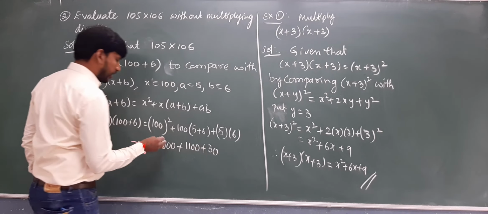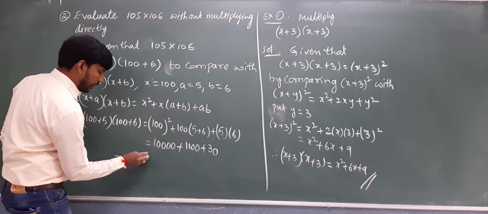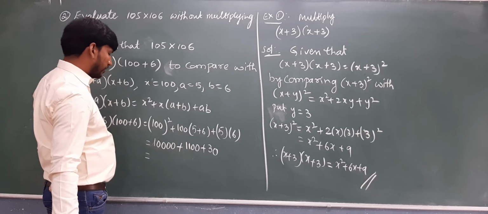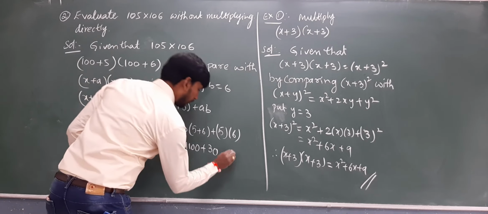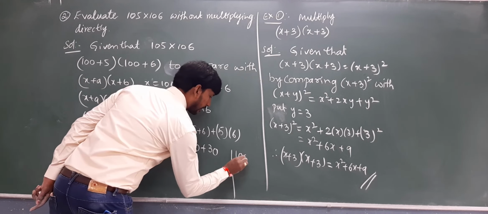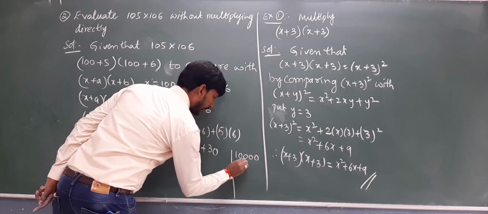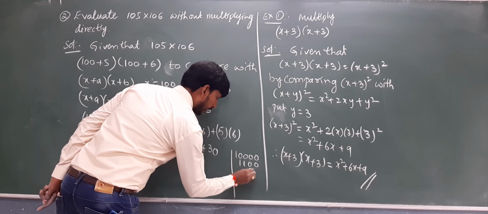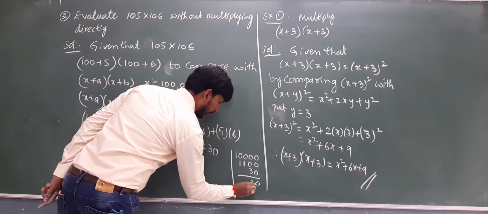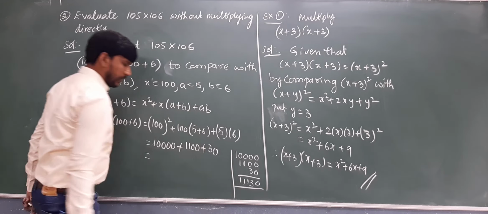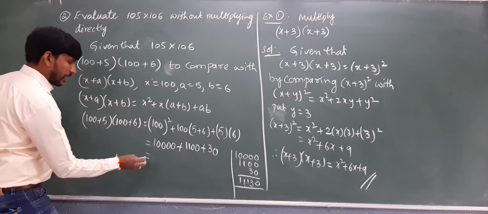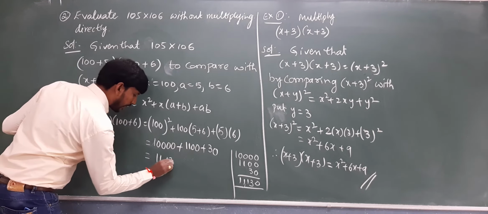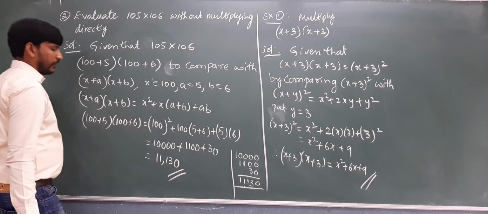Now add all these three values: 10,000 plus 1100 plus 30. The answer is 11,130. What is the answer here? 11,130. This is the value.